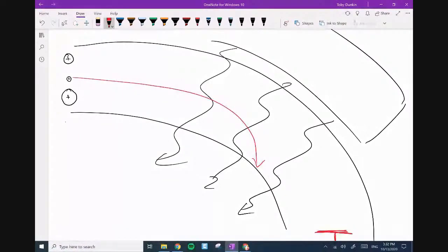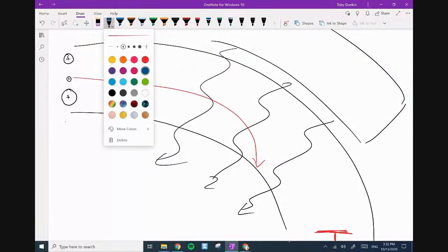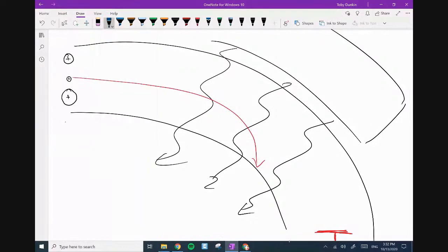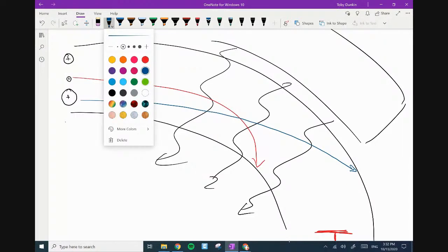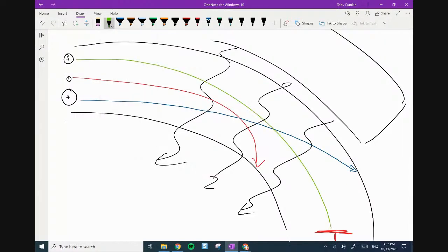The reason being is it was deflected too much. Let's look at the big one. That one wasn't deflected enough. So I don't see that one either. But what I now see is the medium one. Different particles get deflected a different amount, which means I can now detect each one individually.